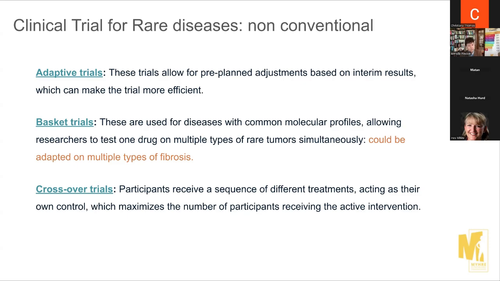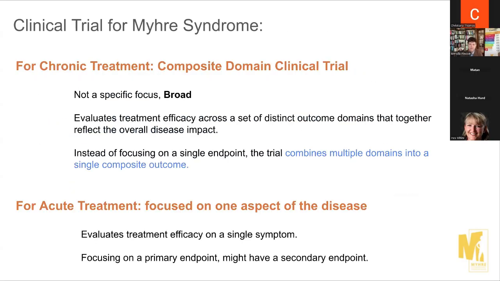Every time it's a little bit different, and we are going to have a protocol that takes a little bit of adaptive, hoping that we'll get a basket trial with other diseases that are concerned with fibrosis, and we'll take a little bit of crossover and another one that I'm going to talk about now for Myhre syndrome.